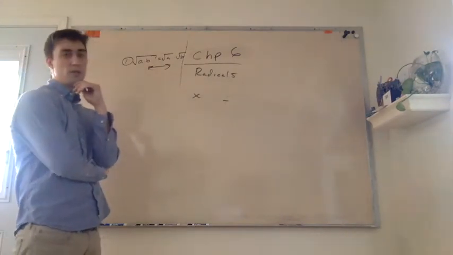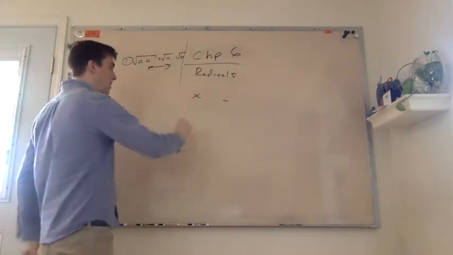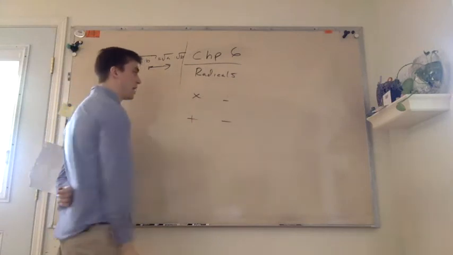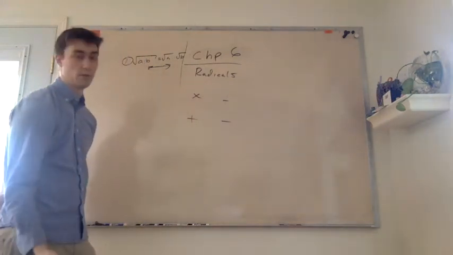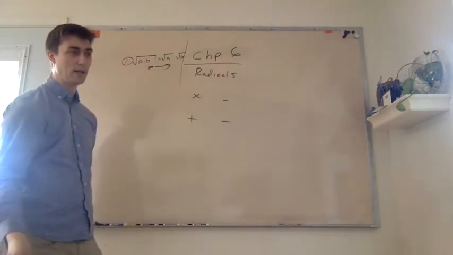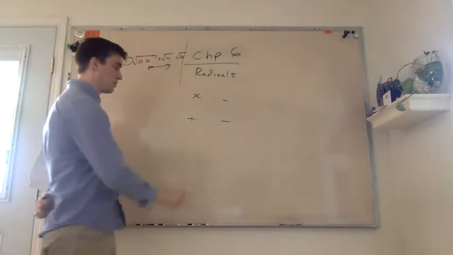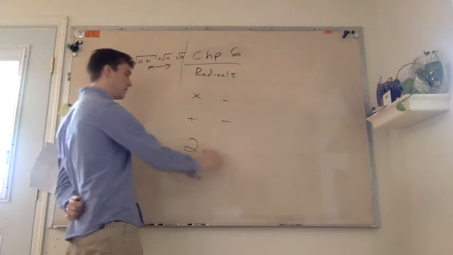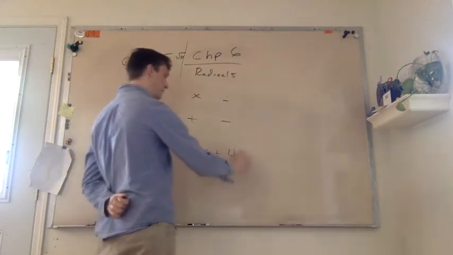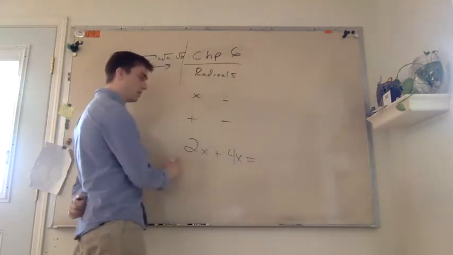Let's talk about addition and subtraction. The good news is that addition and subtraction of radicals is super simple. It's exactly like combining like terms that you're already used to with variables. So we make this analogy: 2x plus 4x is 6x.